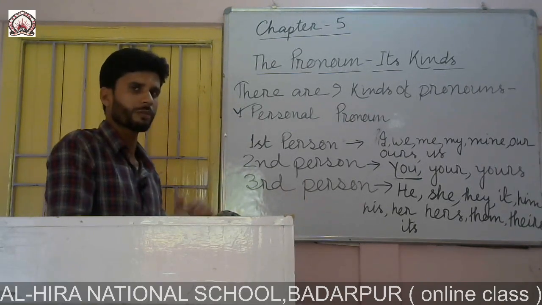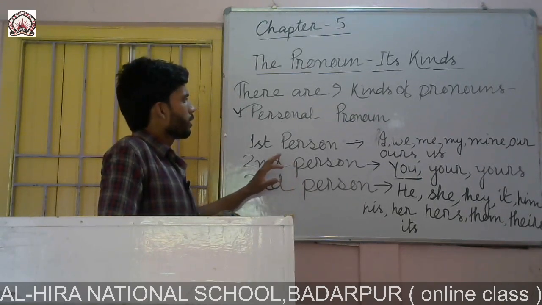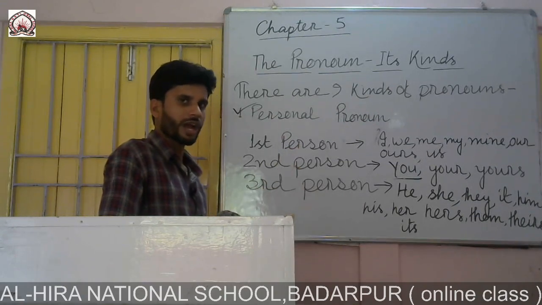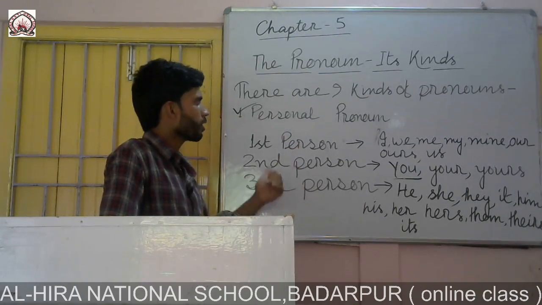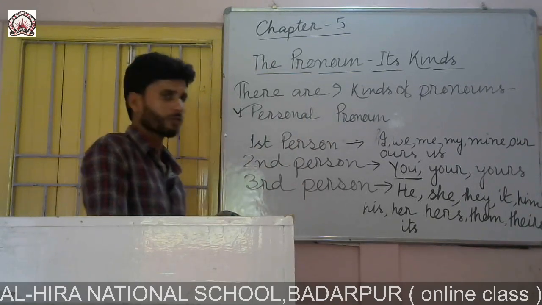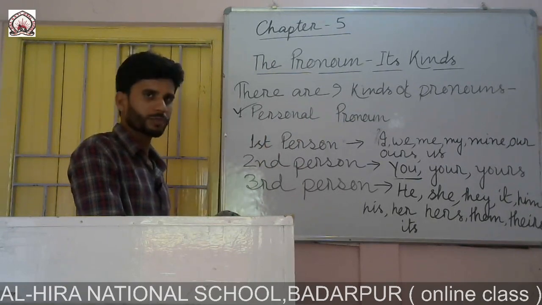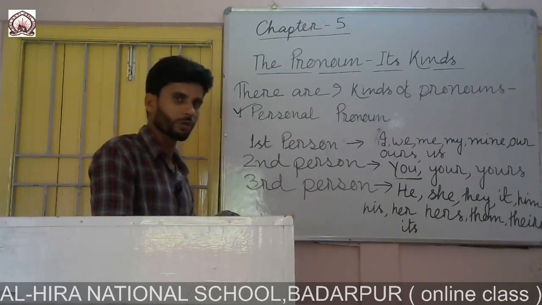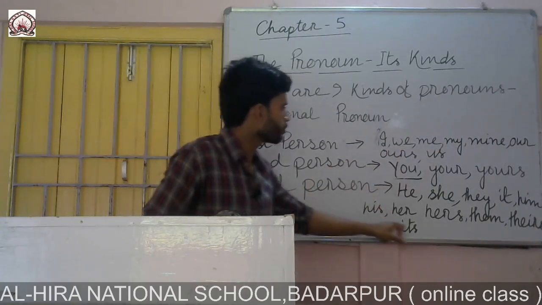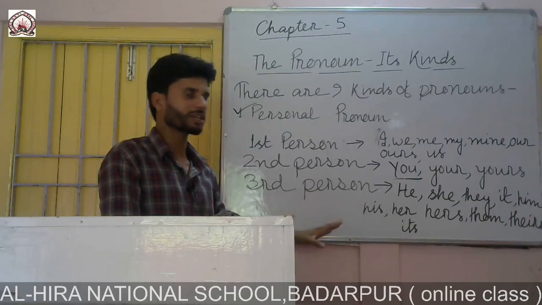And there are 9 kinds of pronouns. The first one is personal pronoun, and in this chapter I discussed only personal pronoun. And all these pronouns are personal pronouns because they indicate person.